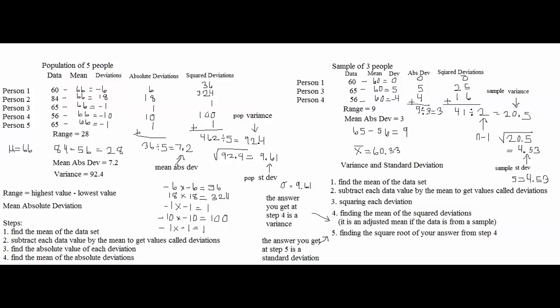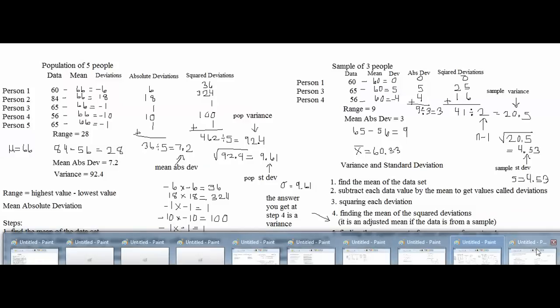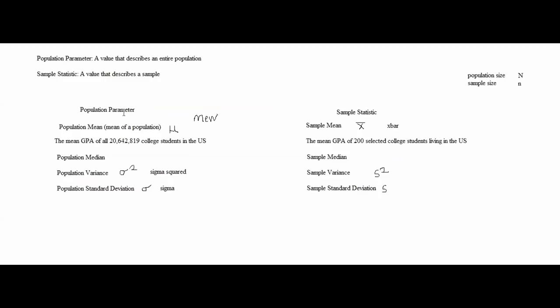And since we don't collect data from entire populations, since they're too large to collect data from, we hardly ever actually calculate population parameters. For example, no one would actually calculate the mean GPA of the entire college student population in the US.